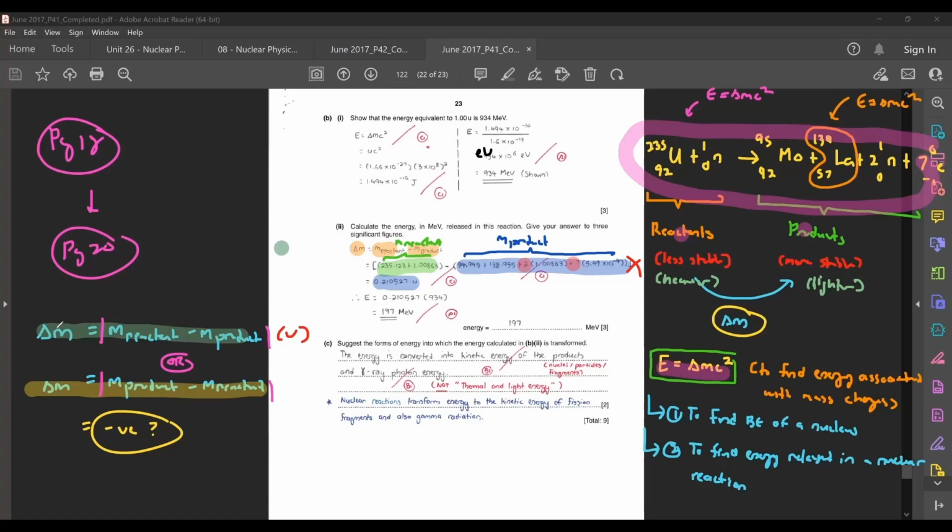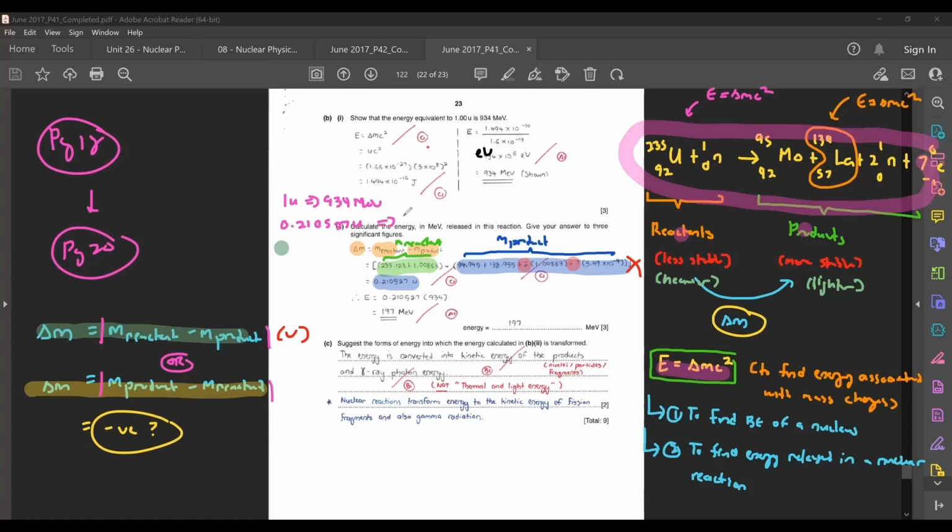This is just something for you to think about, if you're concerned about the negative sign there. All right, so your mass defect is 0.210527 u. You want to find the energy here. Same thing as before already. Just now you already found out that 1 u is 934 MeV. You're trying to find out how much is 0.210527 u.